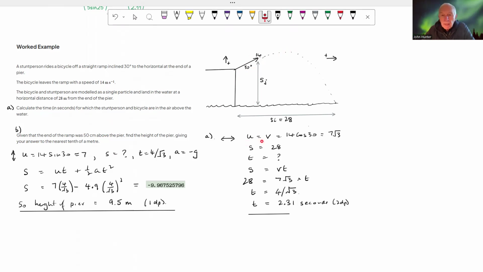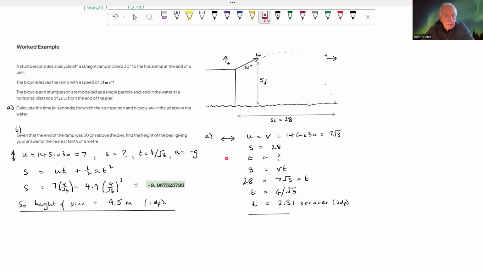So going by what we said before about resolving the speed and direction, looking in the horizontal direction here, the initial speed in the horizontal direction equals the final, which is equal to 14 cos 30, which is 7 root 3, cos 30 being root 3 over 2. The displacement horizontally is 28 meters. We're given that.